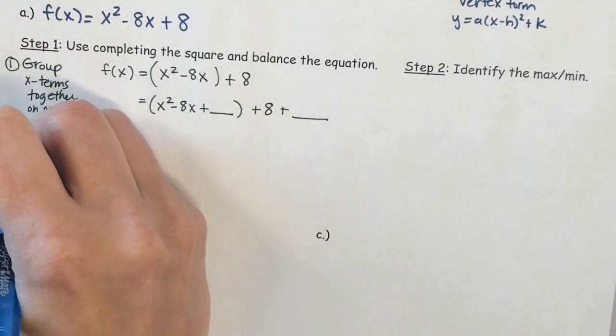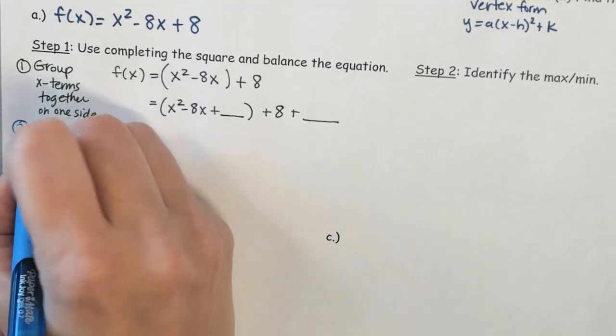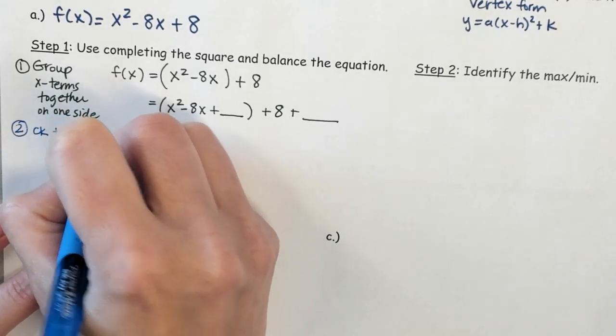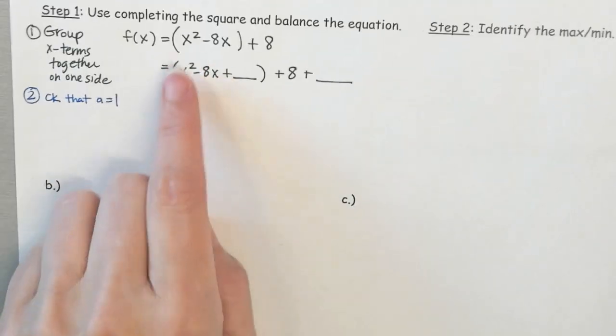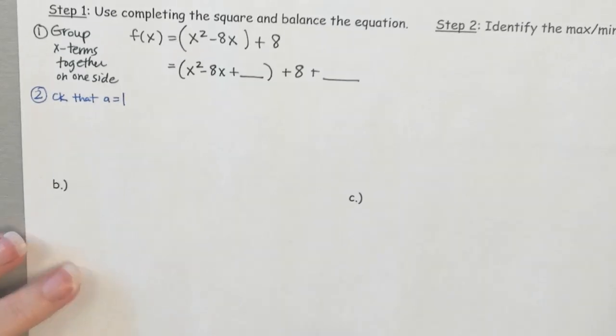Now in order to do this, you have to make sure that a is equal to 1. So we're going to check that a is equal to 1. So your a value is 1. You can only do the completing the square if you have that, or you have to do another step.